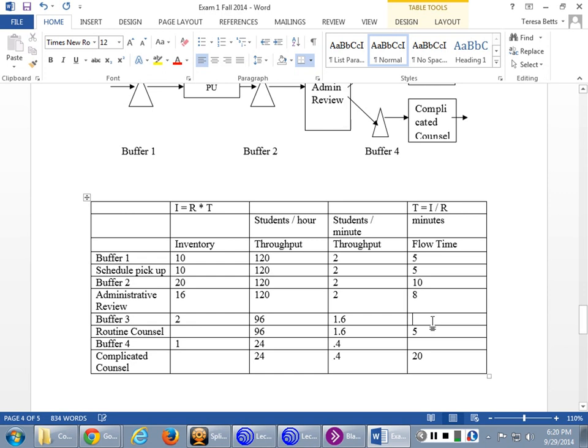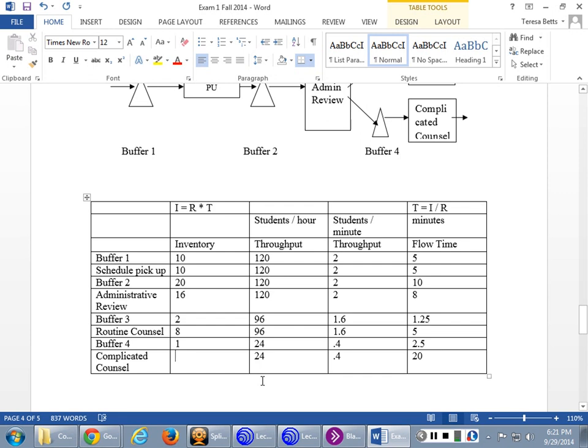For buffer 3, I need the flow time. So it's inventory of 2 divided by throughput of 1.6 gives me 1.25 minutes. For the inventory at the routine counsel, 1.6 times 5 should be 8. For the flow time for buffer 4, 1 divided by 0.4 should be 2.5.